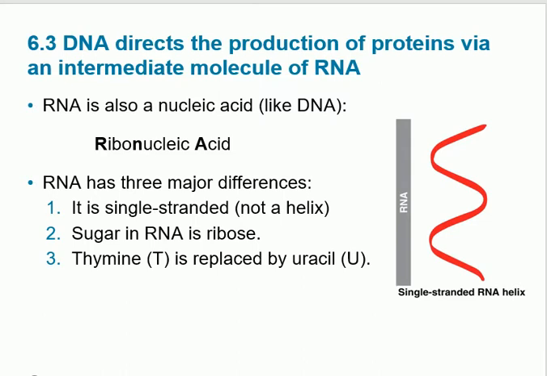Base, sugar, and phosphate. What kind of sugar? Deoxyribose or ribose? Deoxyribose. This is a type of sugar. And what kind of bases? 4 bases. What are the 4 bases? A, T, C, G. Did you get this so far before moving to the RNA?